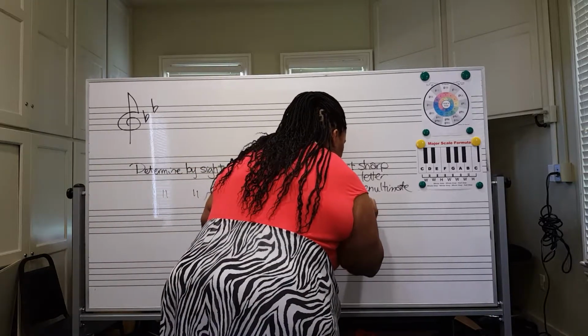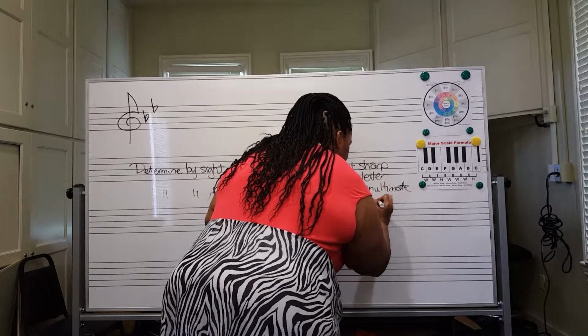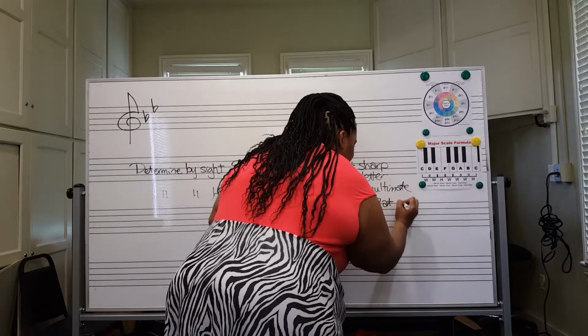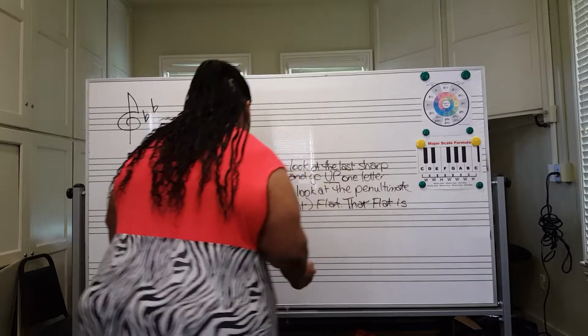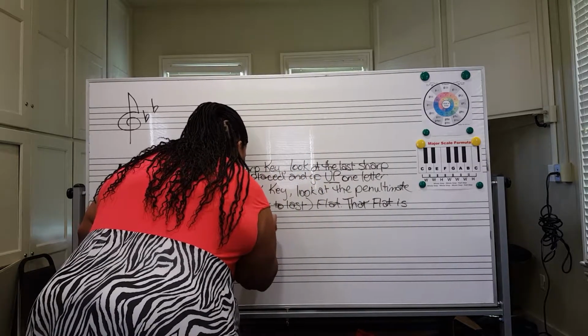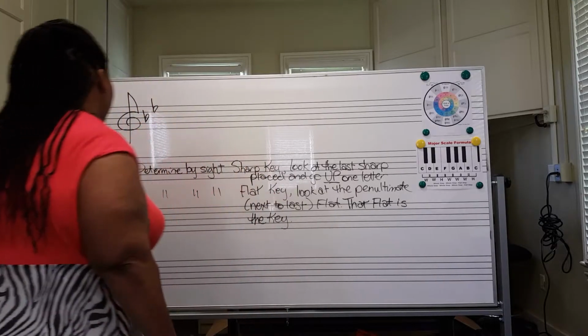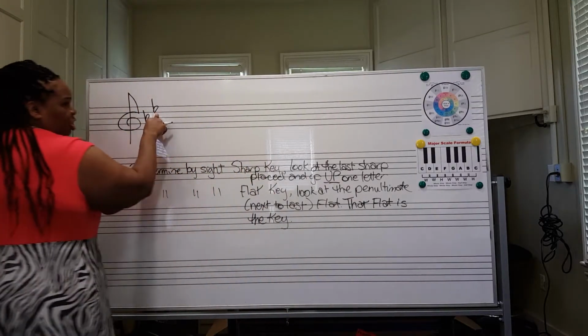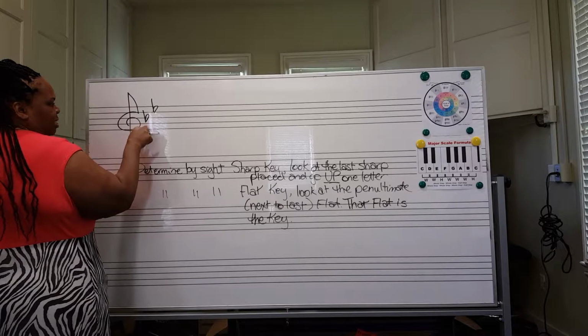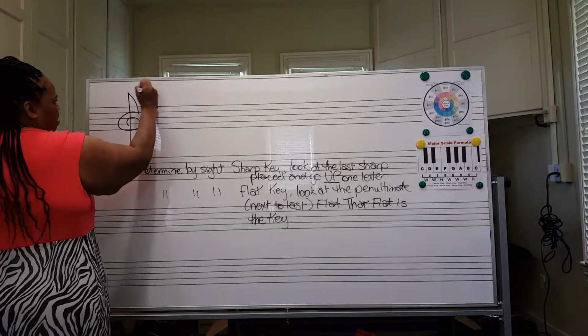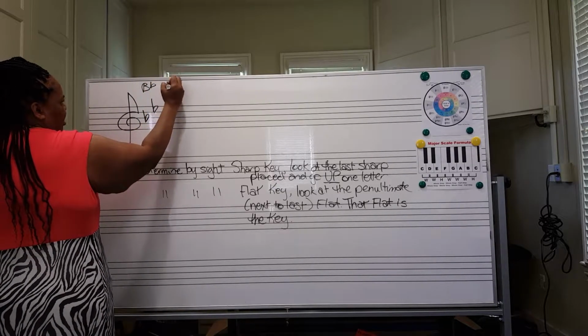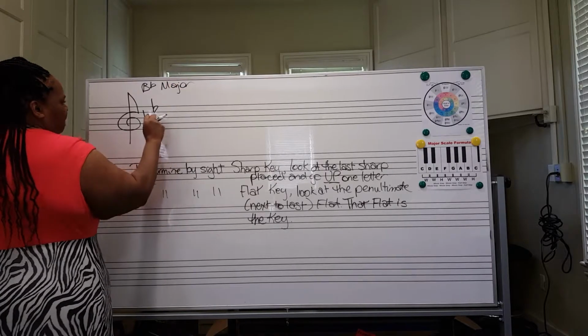That flat is the key. The next to the last flat in this key signature is a B flat, and therefore B flat is our key.